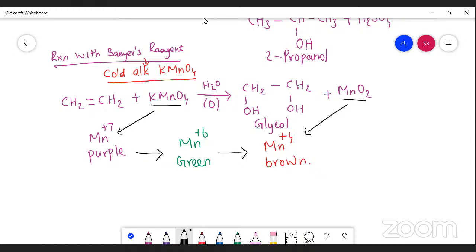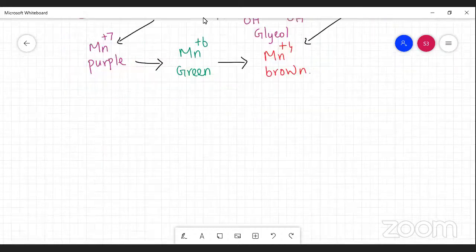These are the color changes that occur in the reaction. The next reaction is the reaction with acidified potassium permanganate, after the reaction with alkaline potassium permanganate.